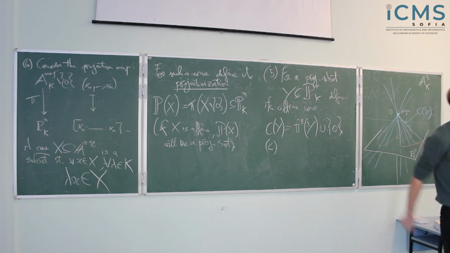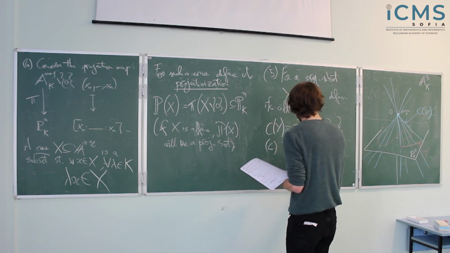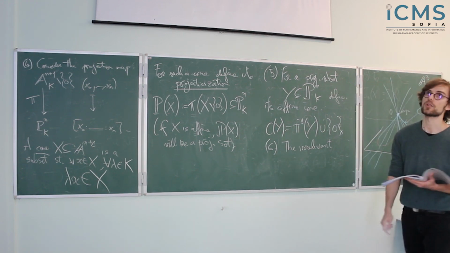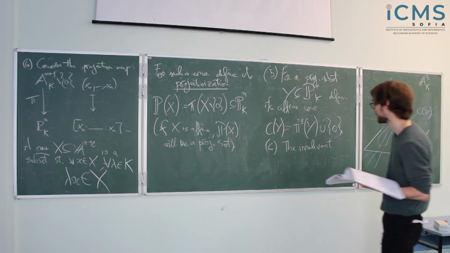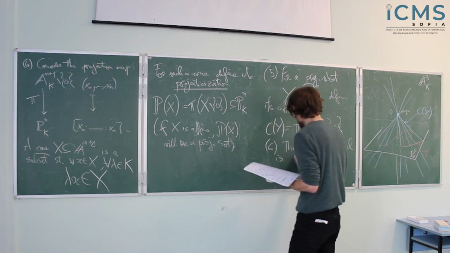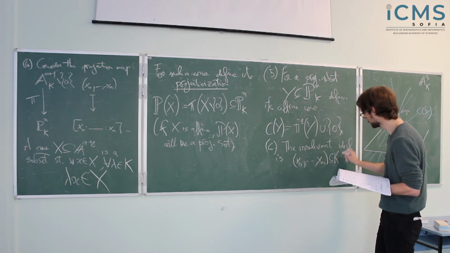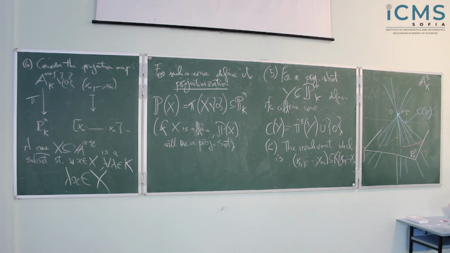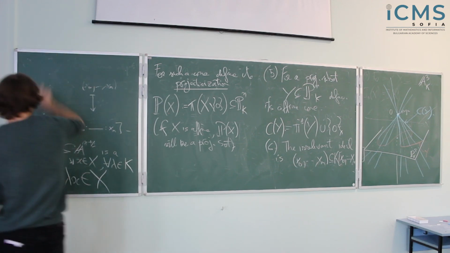Now there's just one cone that is a problem. This is called the irrelevant ideal. We could also call the irrelevant cone the origin, but we just can't call it origin. Very well.